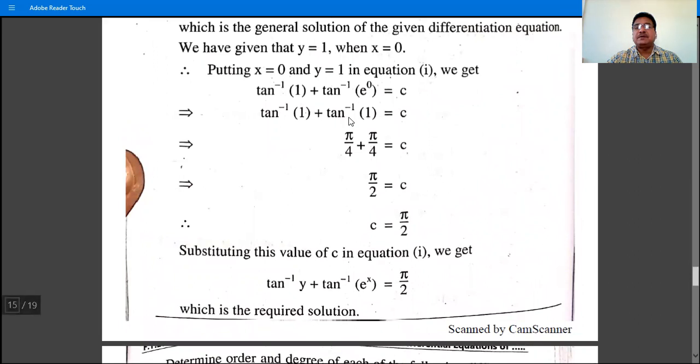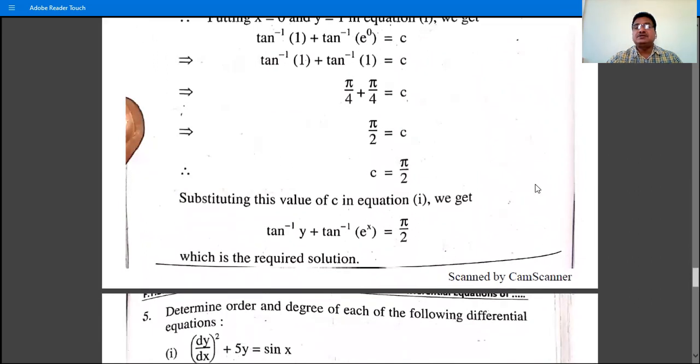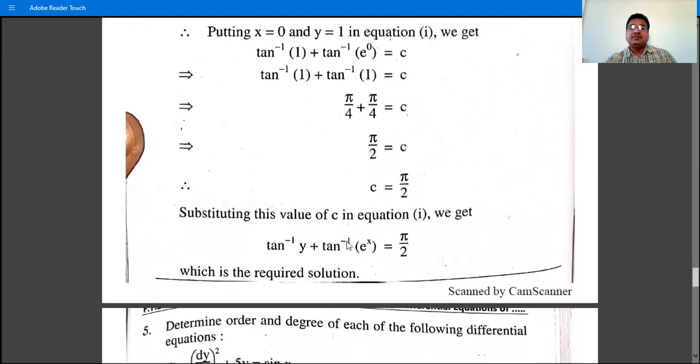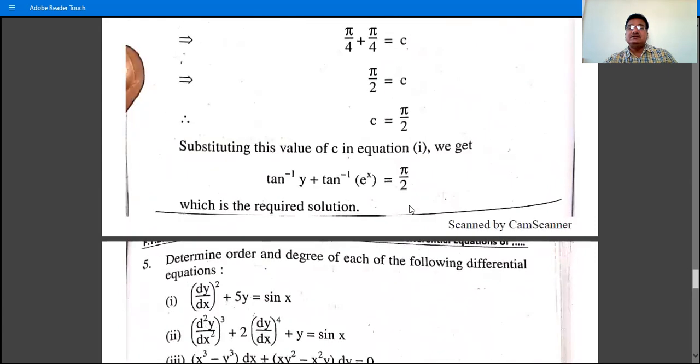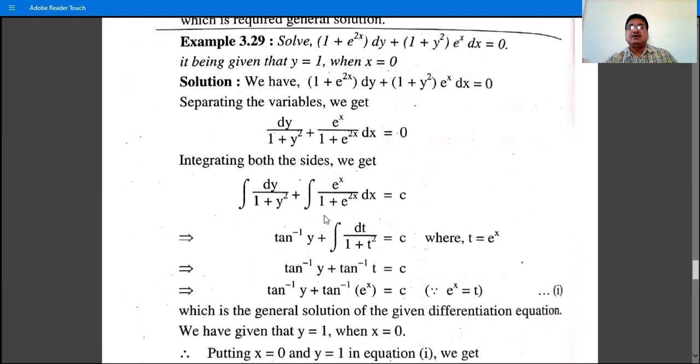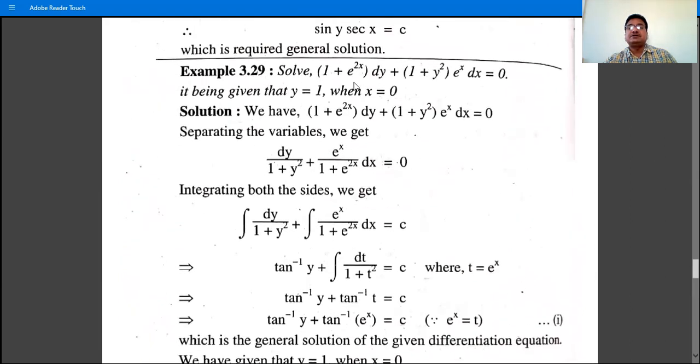So pi by 4 plus pi by 4 becomes pi by 2, and so c is pi by 2. Substitute this value in the general solution. So we have tan inverse y plus tan inverse e raised to x is equal to pi by 2. It is the required particular solution of this differential equation.